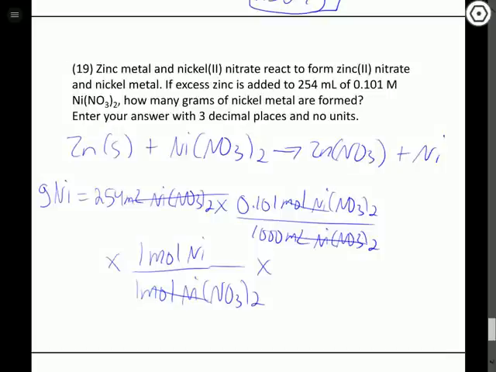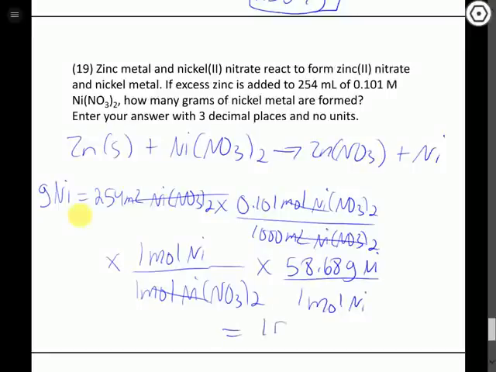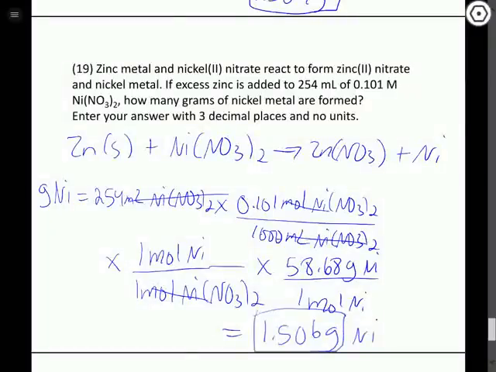We need its atomic mass, which from the periodic table is 58.68. So we get 1.500 506 grams.